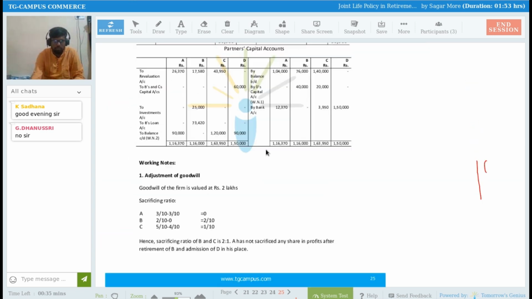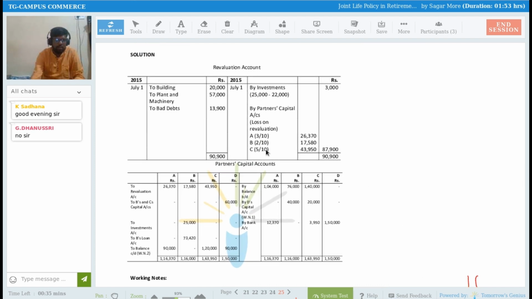Okay, see this. We have to prepare revaluation. So I am preparing the revaluation account and partners capital account here, right? That is expected from me as per this question. You have to understand here, everyone. In this whole question, there is an admission of a partner as well as retirement of a partner.